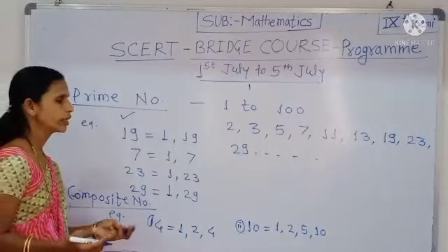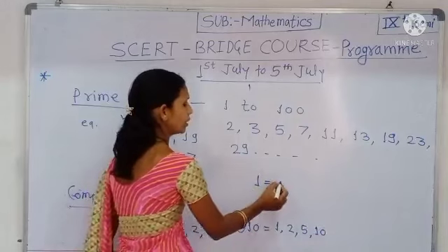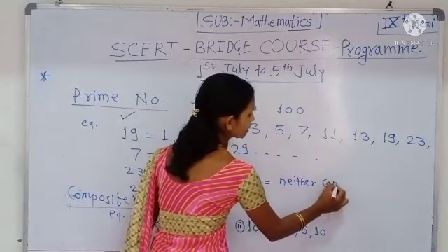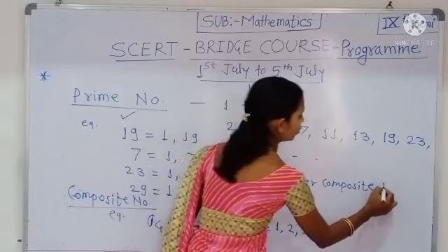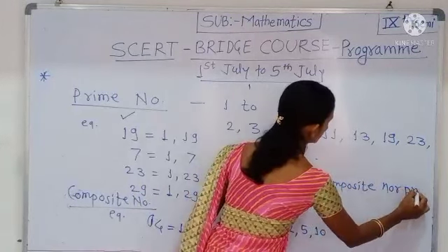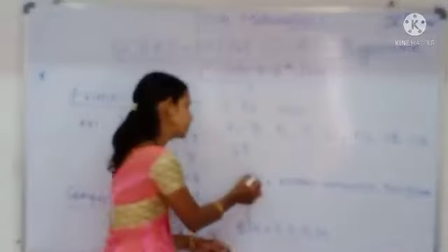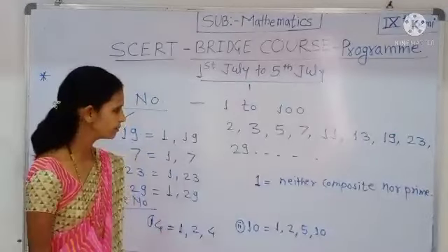Then what about 1? 1 is neither composite nor prime number. Only 1, that one digit, is neither composite nor prime number.